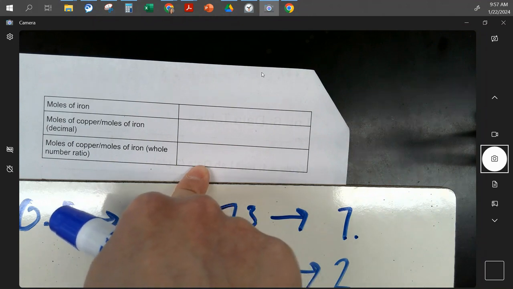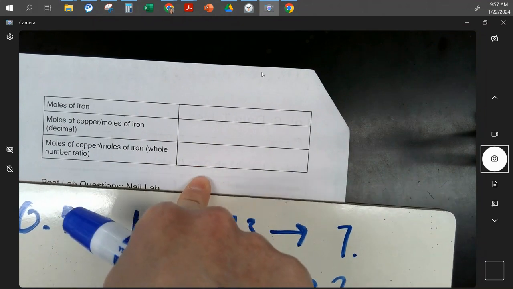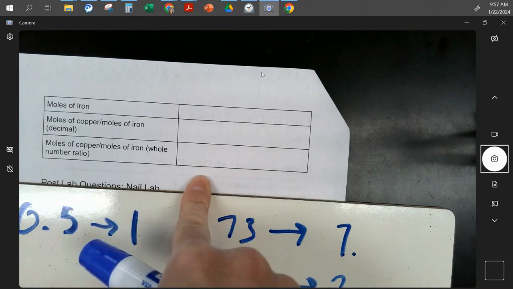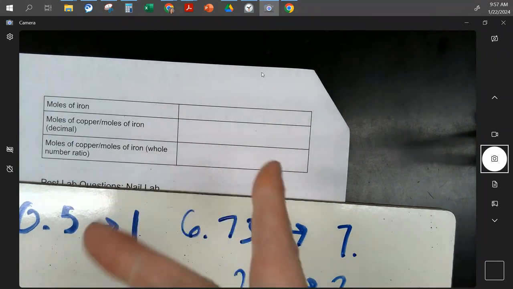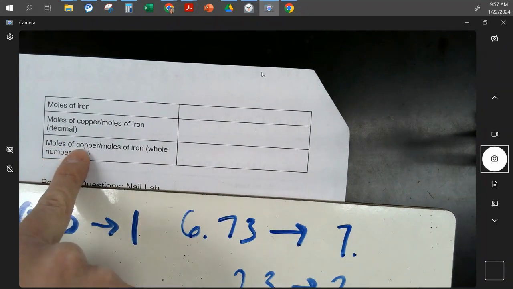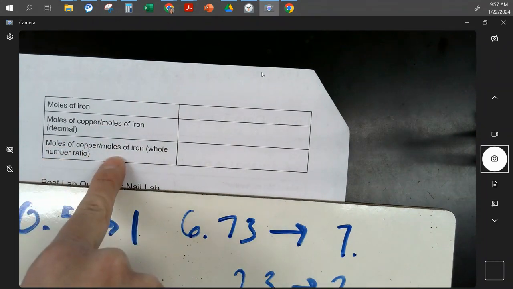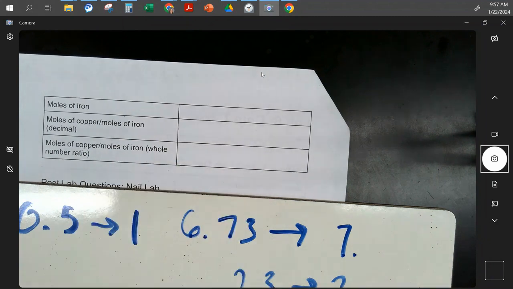It's a ratio, so it doesn't have a unit, because it's moles over moles. Good to check that. I thought for some reason it flipped it. So you don't flip it. Moles of copper over moles of iron, so it's the same number, you just round it to the nearest whole number. Get rid of the decimals.